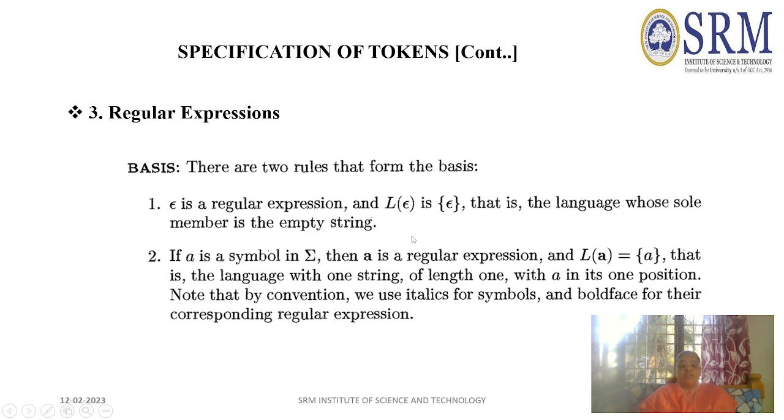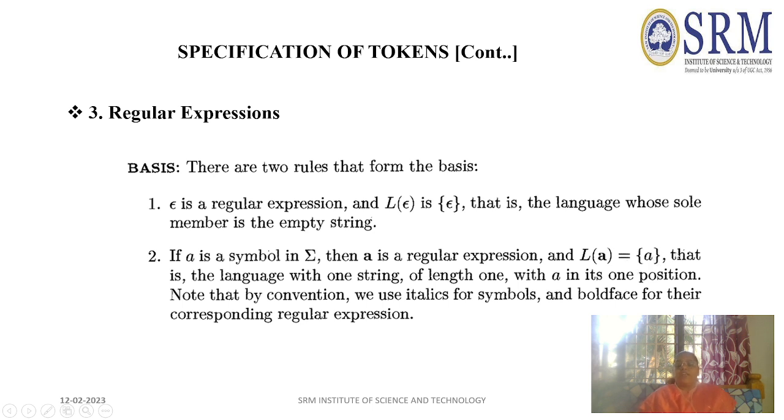Another language they are giving is L of A. So A is a symbol in the set of alphabets. This summation symbol is nothing but the set of alphabets. Where A is a symbol in that set of alphabets, then A is a regular expression. Yes, of course, A is a regular expression. So how can you identify? L of this regular expression has only one character, say A, from the set of alphabets.